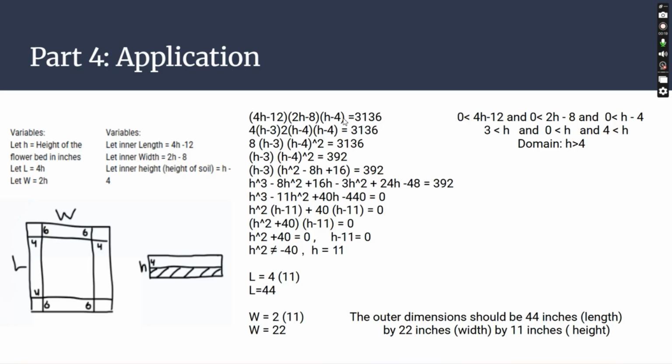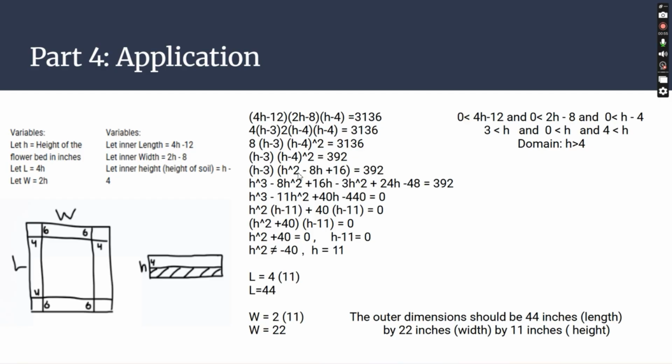We begin by simplifying by factoring out common terms. We rewrite the expression as 4 times quantity h minus 3, times 2 times quantity h minus 4, times quantity h minus 4. Multiplying the constants gives 8, so we get 8 times quantity h minus 3 times quantity h minus 4 squared.